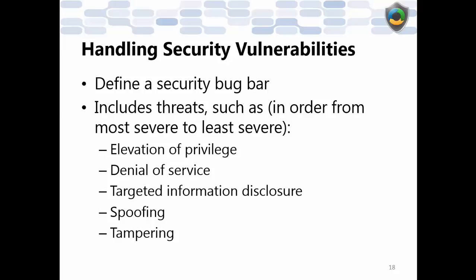Targeted information disclosure refers to the ability of a malicious user to locate and read information from anywhere on the system that the app is running on. Spoofing is the ability of a malicious user to impersonate another user or resource of an app or operating system. And finally, tampering is the ability of a malicious user to permanently modify any user data or data used in making trust decisions.